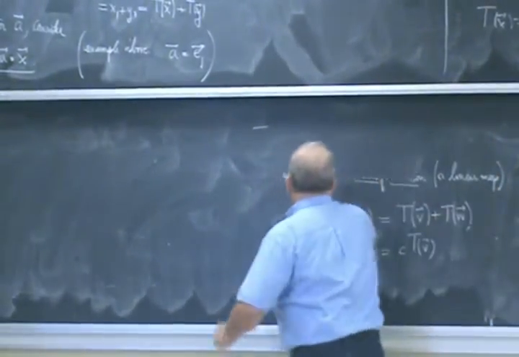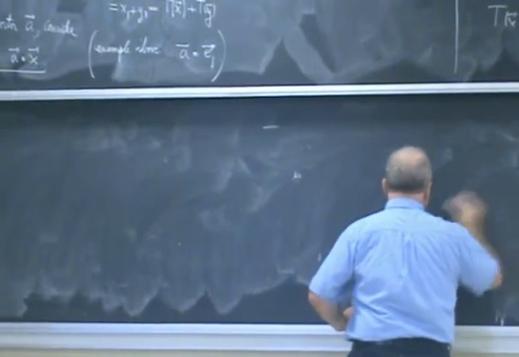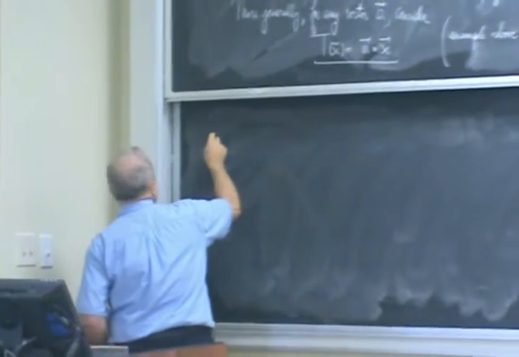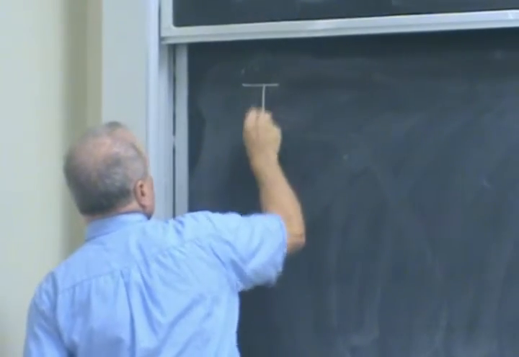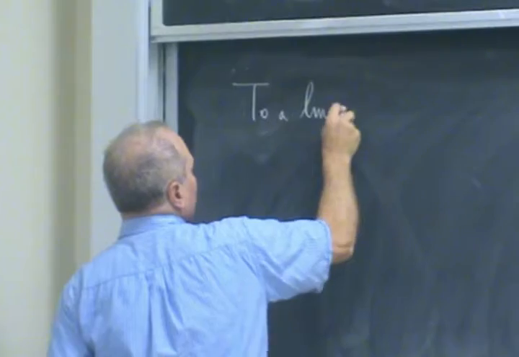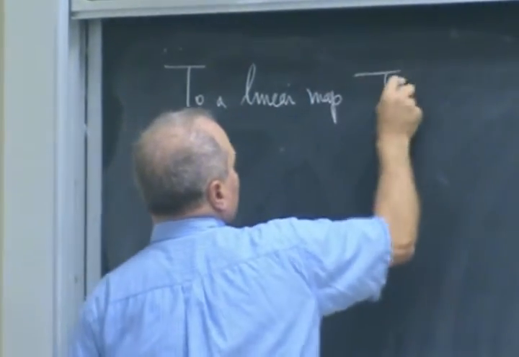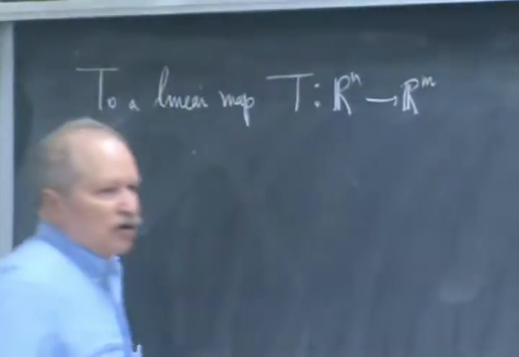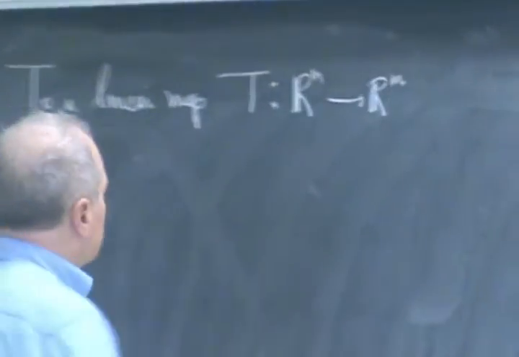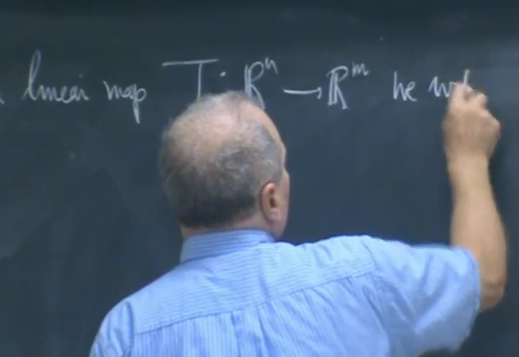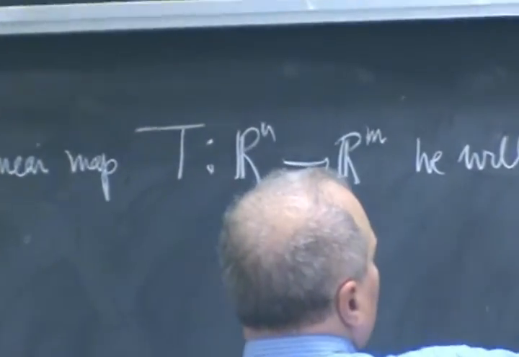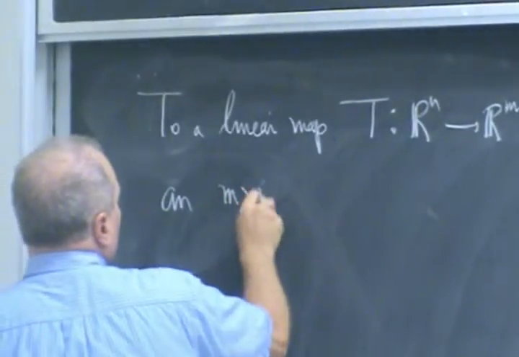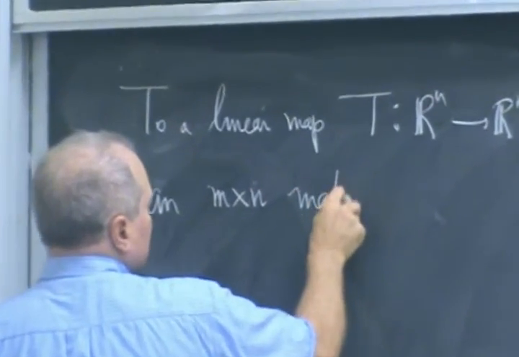I guess I'll fix this. So, to a linear map from Rn to Rm, we will associate what's called an m by n matrix.